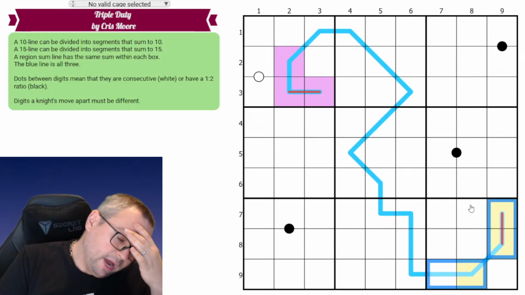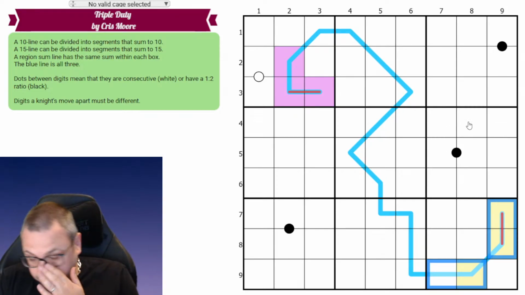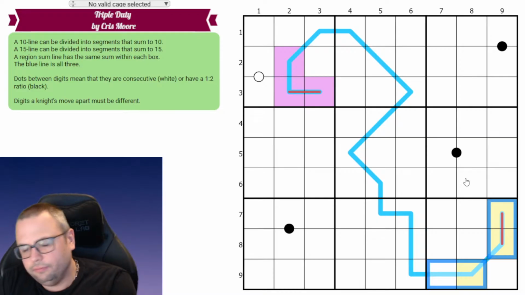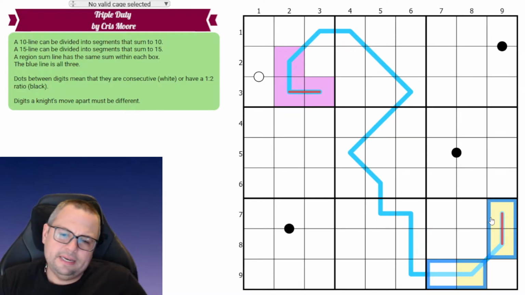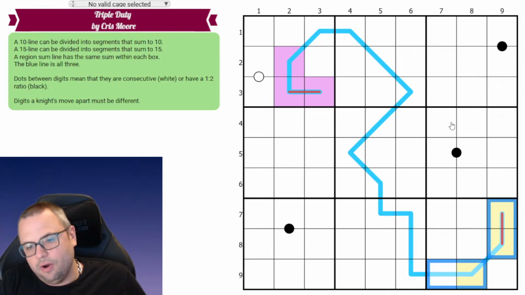If it's 12, do we run into problems with 2s? Because if it is 12, then we're suddenly going to have some sums to 10, and we're going to have a 2 sort of hanging off the end of the sum to 10 in each box.